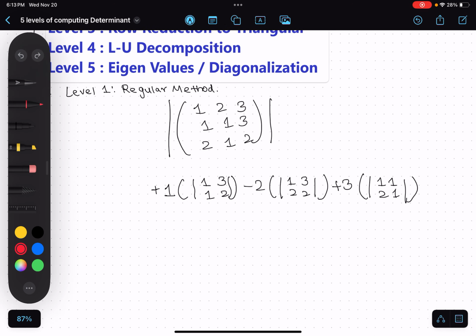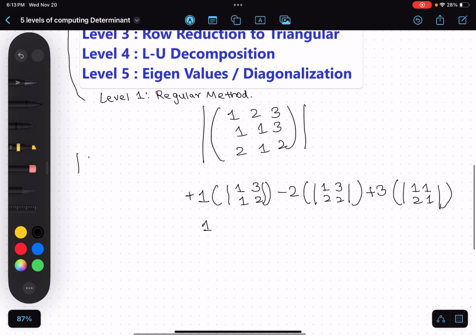Now evaluate this. For 2 by 2 it's easy, right? For a 2 by 2 matrix with entries a, b, c, d, the determinant is just ad minus bc. So it will be 1 into 2 minus 1 into 3, minus 2 times 1 into 2 minus 2 into 3, plus 3 times 1 into 1 minus 2 into 1.